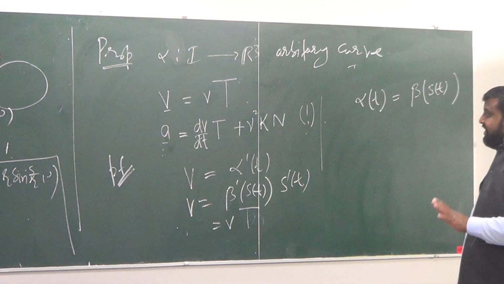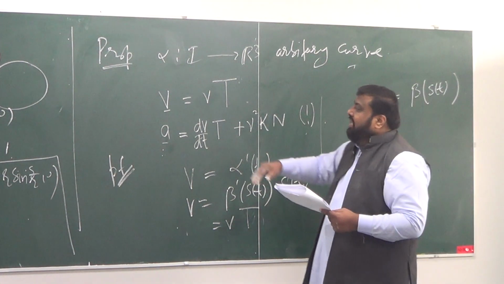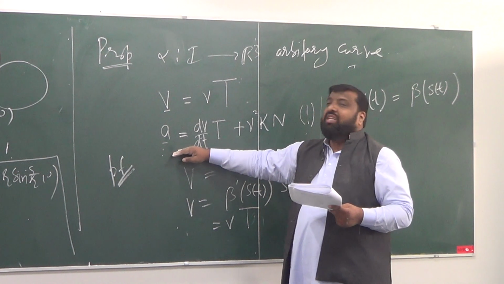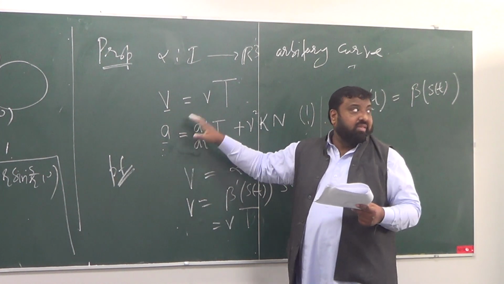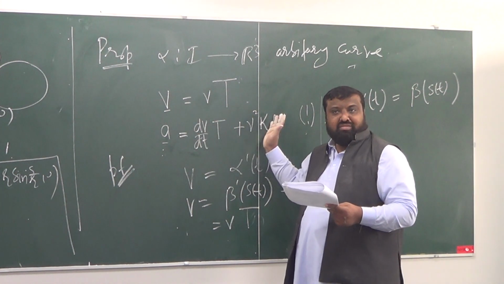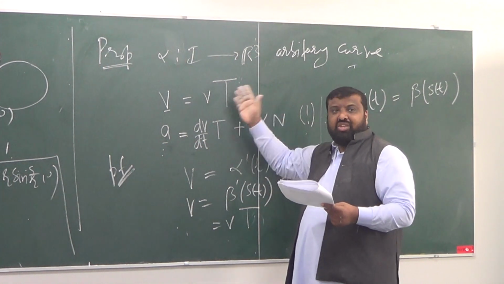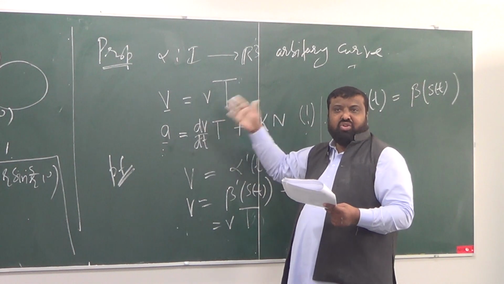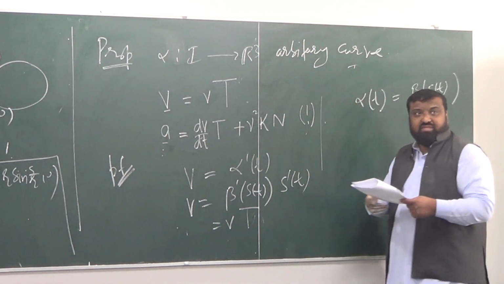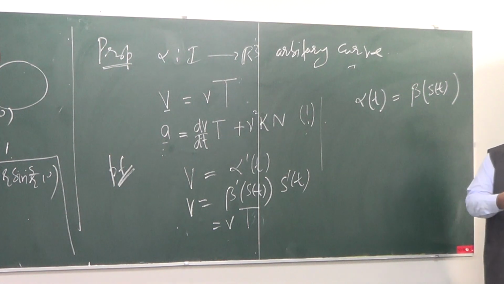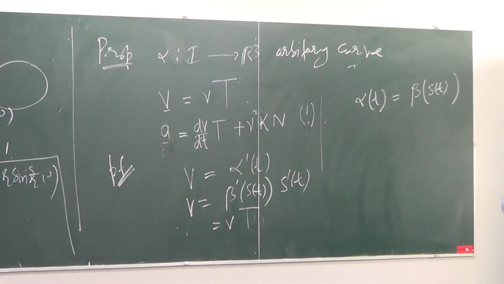Interestingly, in order to compute the velocity and acceleration, you don't need the binormal and torsion. You can compute all this purely using tangent, normal, and curvature. So this is also an interesting thing to observe. Are you getting the point?